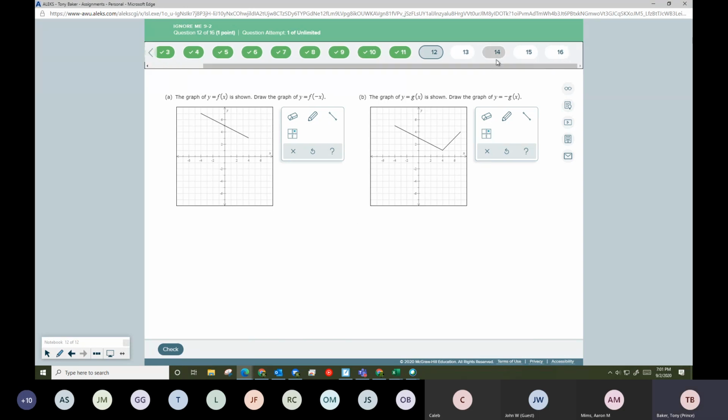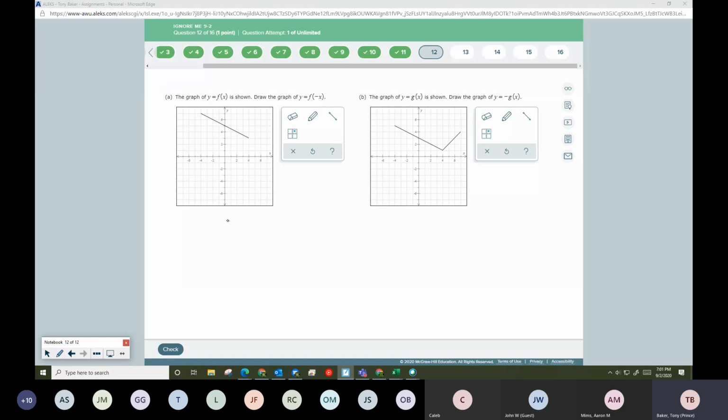All right, so the next couple topics are about transformations. So there's actually quite a few transformation topics. These are the two that people seem to have the most trouble with. So the key with transformations is what are you actually transforming?